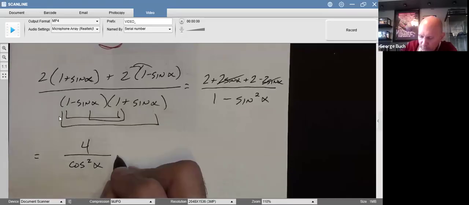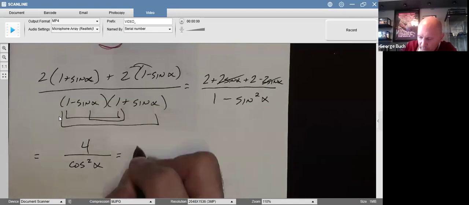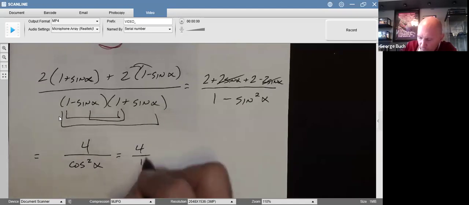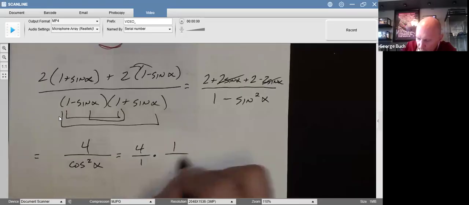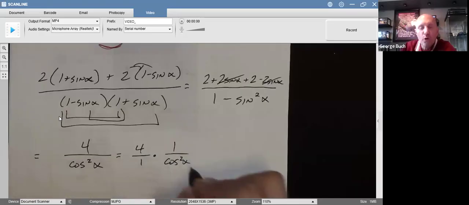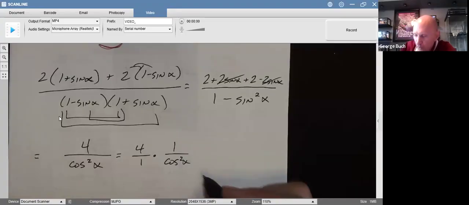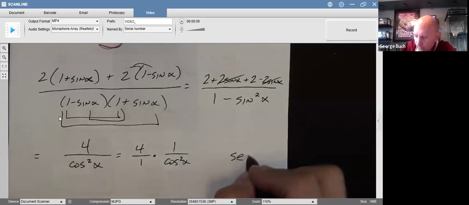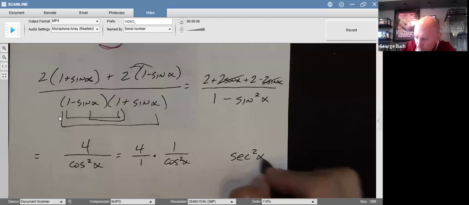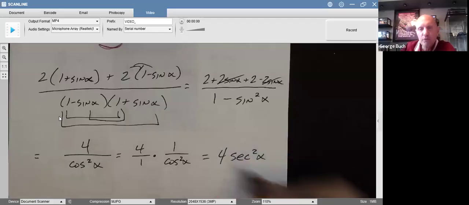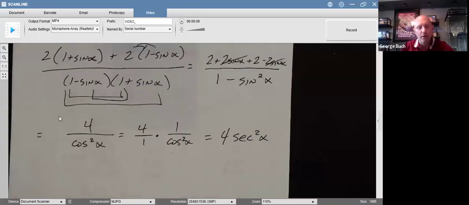And so if you want to break this up, if it makes it easier, 4 over 1 times 1 over cosine squared. So 1 over cosine is secant. So 1 over cosine squared is what? Secant squared. And then we have this 4 in front. So this guy would just simplify into 4 secant squared of alpha.